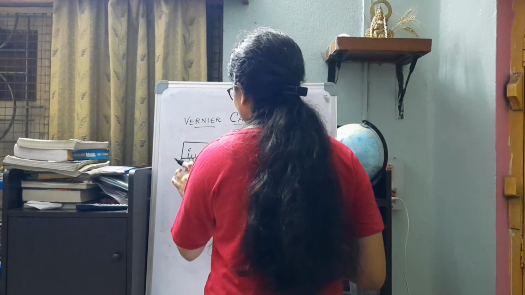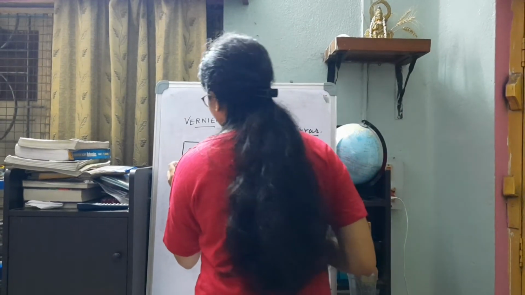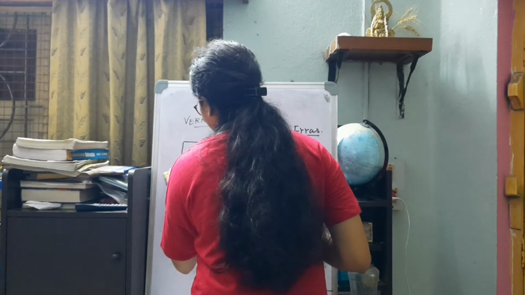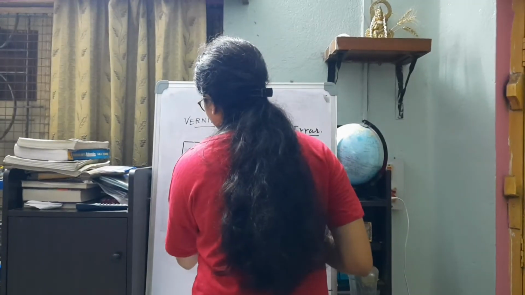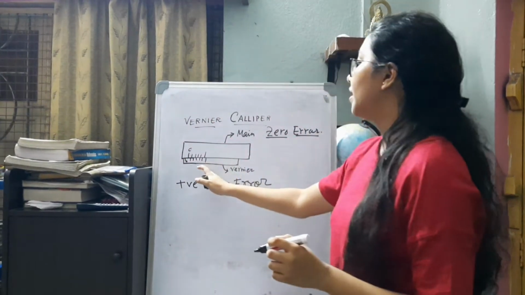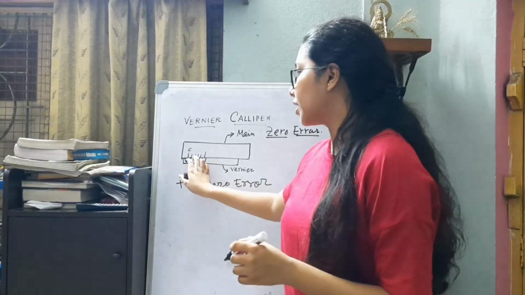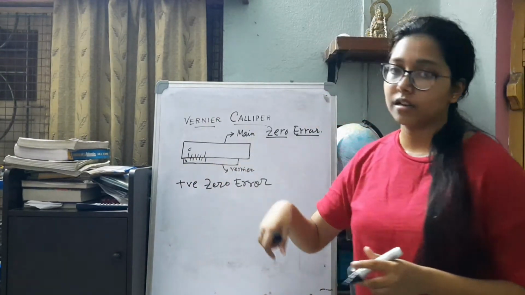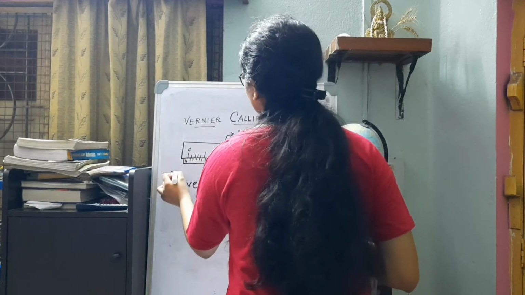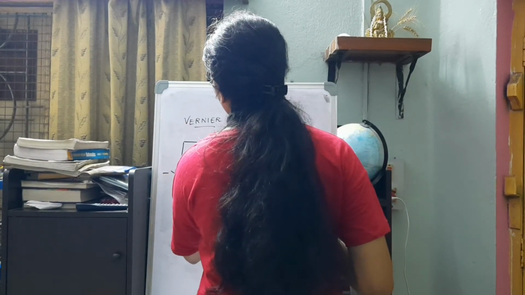But just in case it so happens that the vernier scale division is present behind the zero mark of the main scale, that is in this scenario, this is the negative zero error.